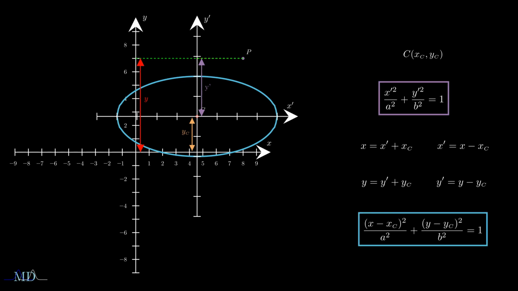And we get (x minus xc) squared over a squared plus (y minus yc) squared over b squared equals 1. Therefore this is the equation of an ellipse with axes parallel to the Cartesian axes and center at a generic point of coordinates xc and yc.